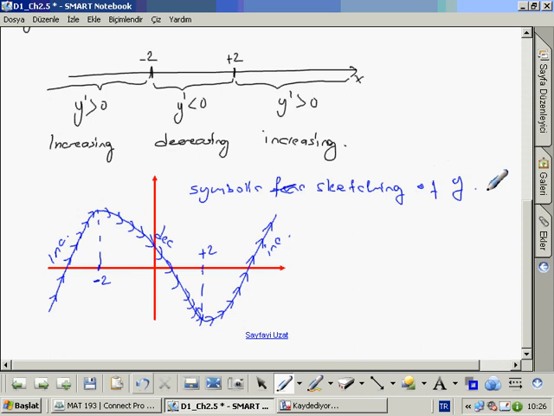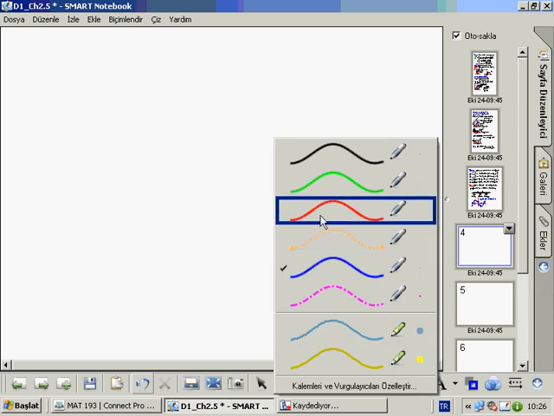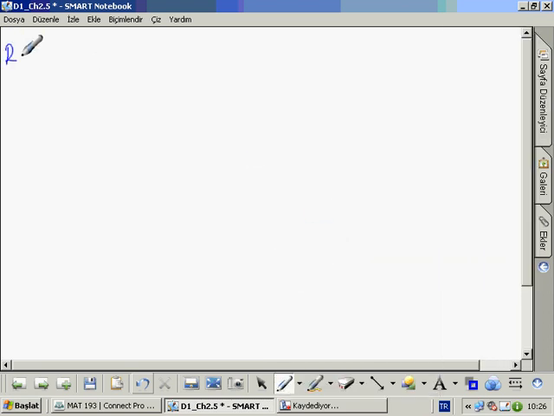And then let me give you Rolle's theorem.